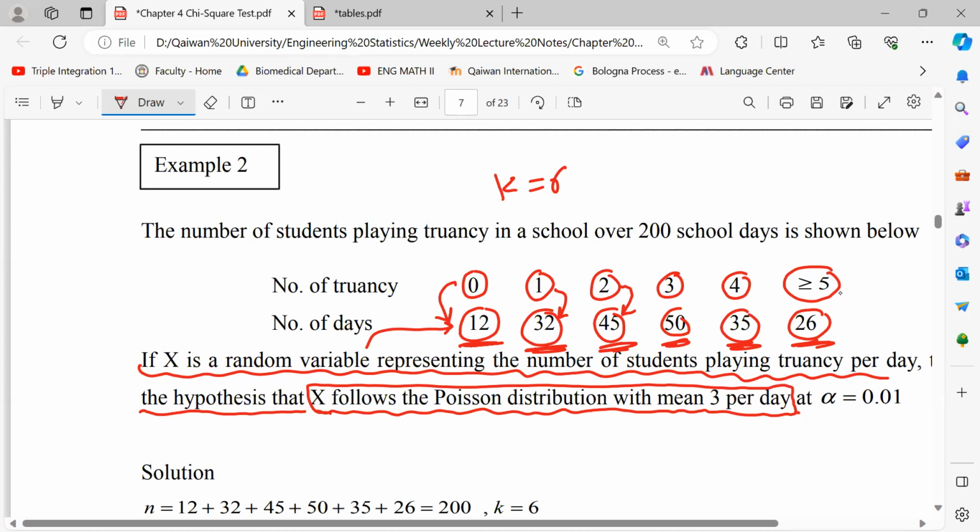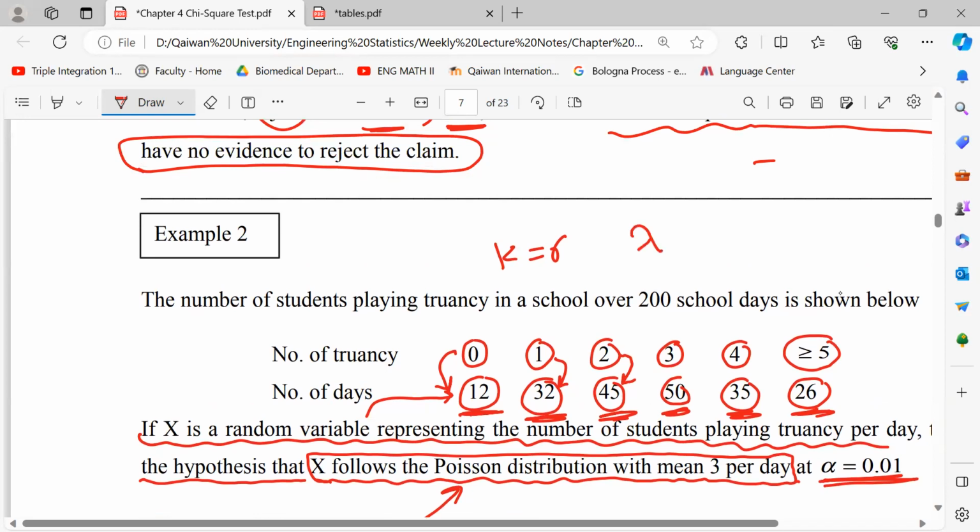Alpha is given. Now, we have the Poisson distribution. In the Poisson distribution, the mean is denoted by lambda, which you studied at the beginning of this course. Lambda is 3. We have a rule for finding the probability of a number in the Poisson distribution, different from other distributions.